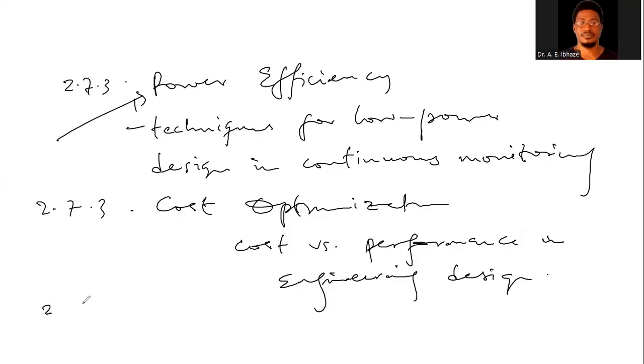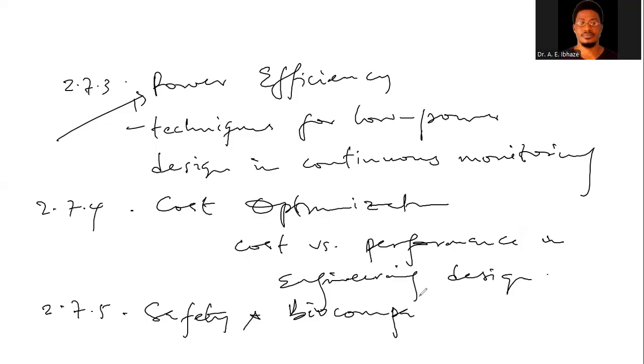Then another point you want to, okay, this is going to be 2.74. Then this is going to be 2.75, for instance. Then we're going to talk about safety and biocompatibility. So you want to ensure patient safety.